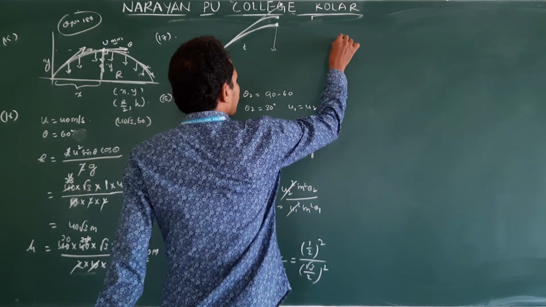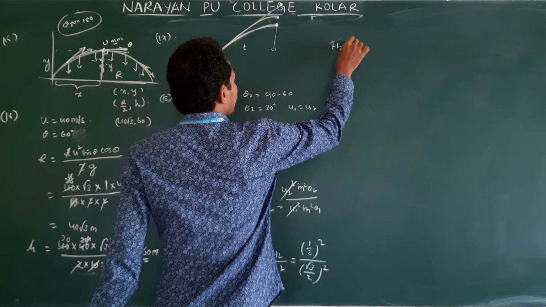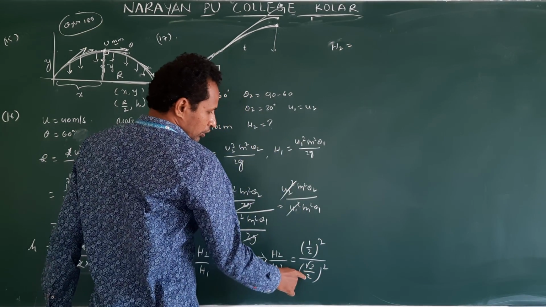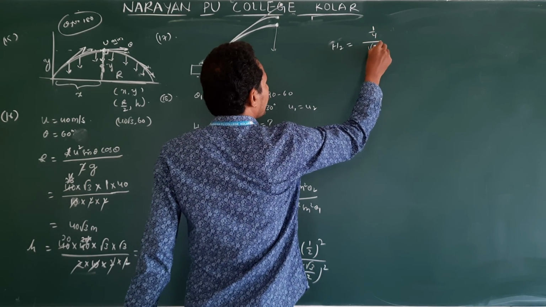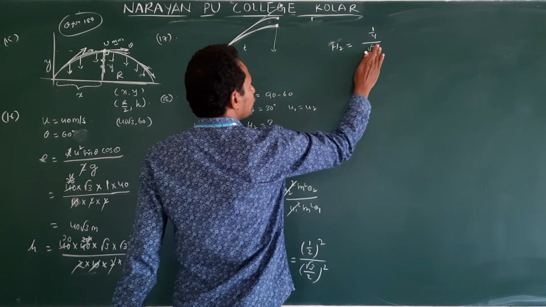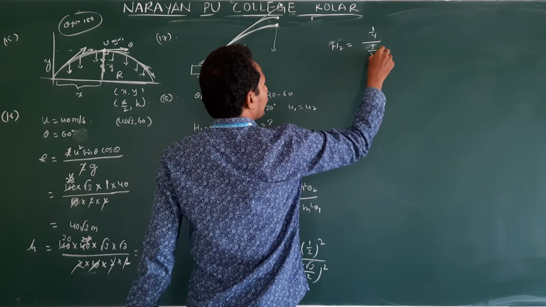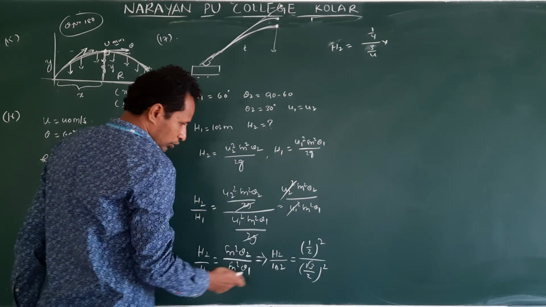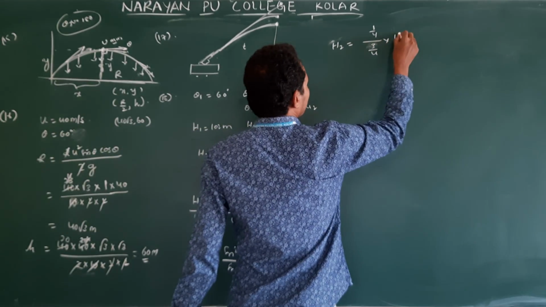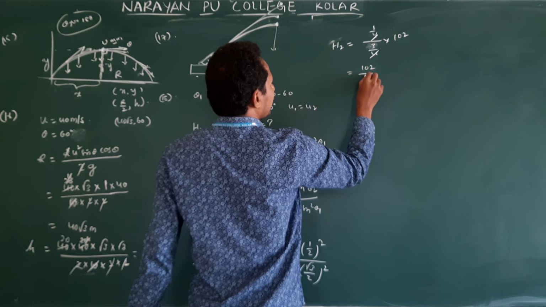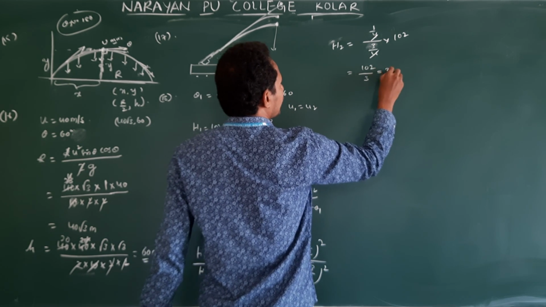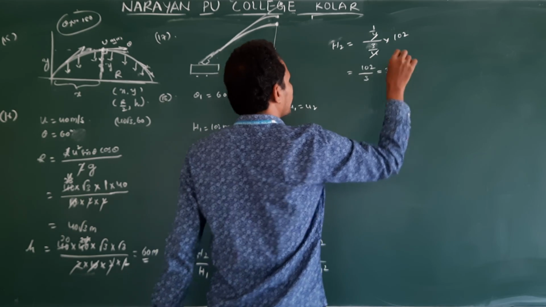Right? So h2 is equal to 1 by 4 divided by 3 by 4. So this is 3 by 4 times 1 or 2 goes to that side. The 4 cancels. 1 or 2 by 3, which is 34 meter.